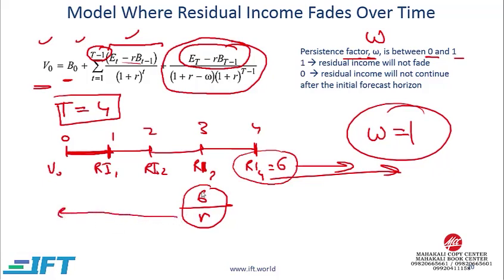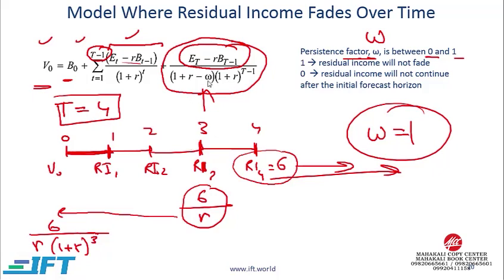So effectively you have the 6, which is the residual income for period 4. So what does this become? This becomes 6 over R, and then that number needs to be discounted back how many periods? From here, 3 periods. So basic present value calculations that you can do in your sleep now, I hope. So 1 plus R to the power of 3, being T minus 1. Now notice that is exactly what this is saying.